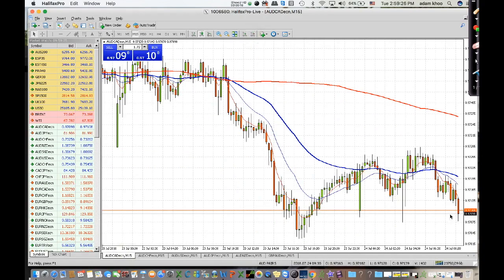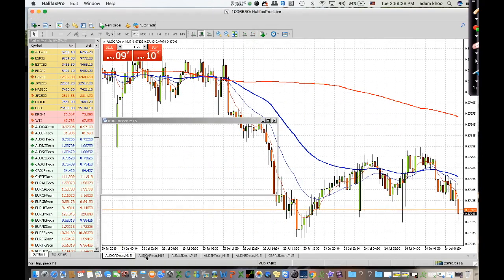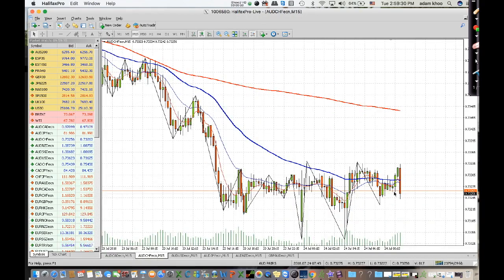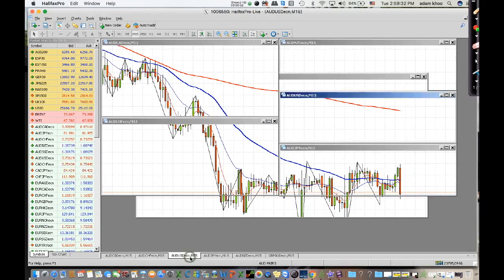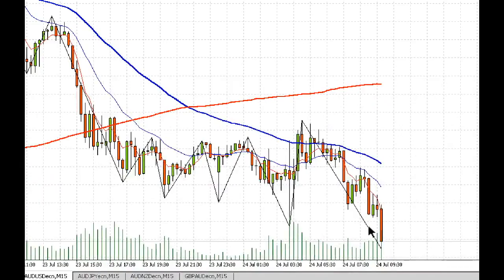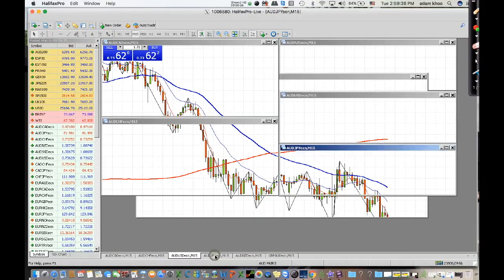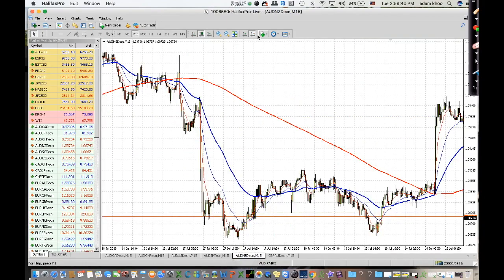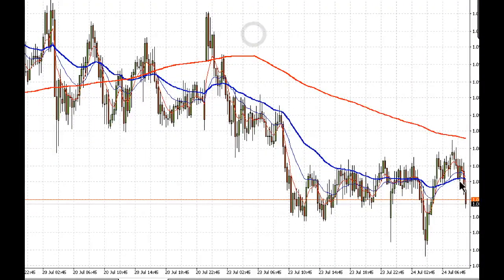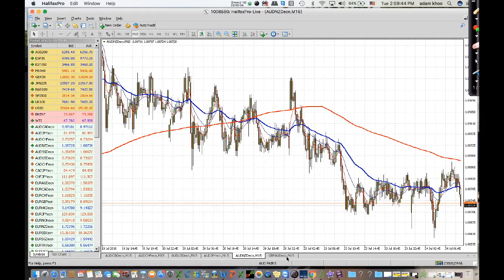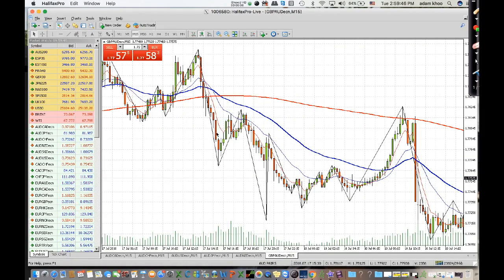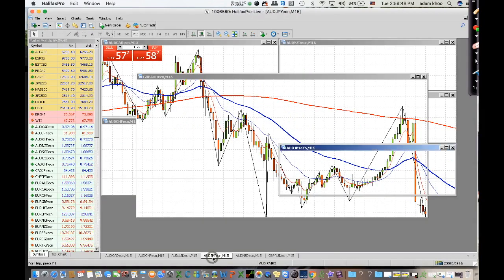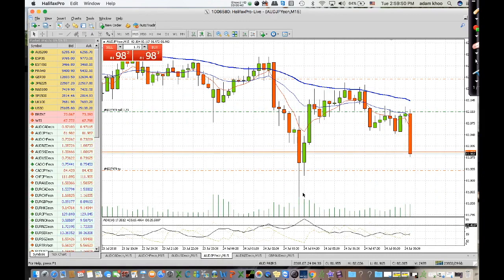The price has gone down for Aussie CAD, Aussie franc is going sideways, Aussie dollar is going down as well, Aussie yen is the trade I'm taking, and Aussie New Zealand went down. So you can see how correlation works. When one goes down, they all tend to go down. So we like to trade pairs with really great correlation.